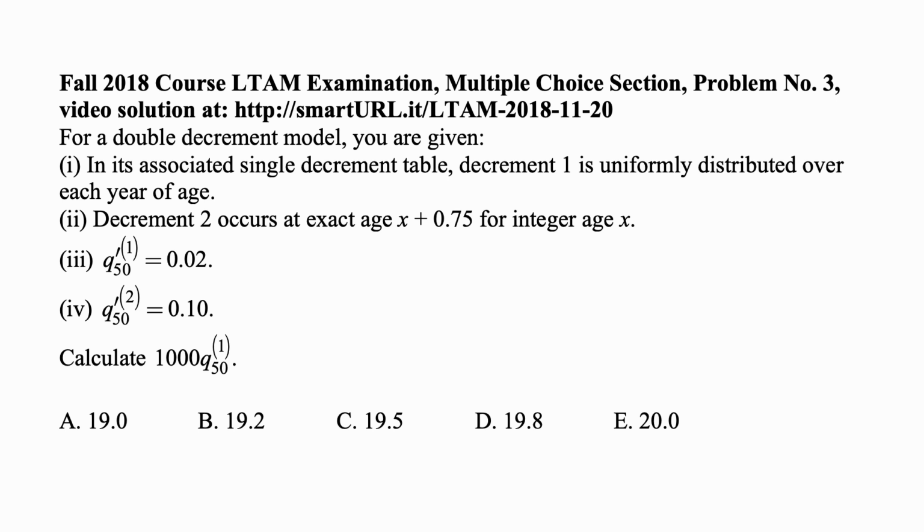And if you multiply it by 1,000, by the way, this is basically how many people from an initial population of 1,000 are visibly observed to be removed from the population due to cause 1. That's basically what we are being asked to find.